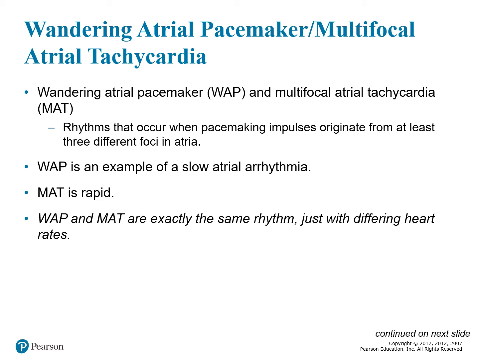Each focus produces its own unique P wave, resulting in a rhythm with at least 3 different shapes of P waves. So hint, hint, that's one of the criteria for these two particular rhythms. In order to be classified as either a WAP or a MAT, you have to look for 3 different P waves.